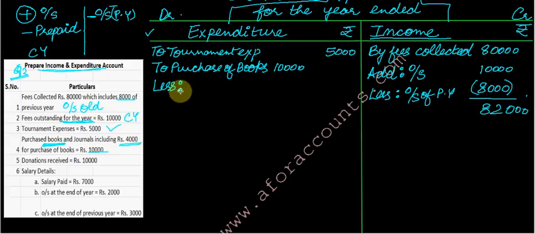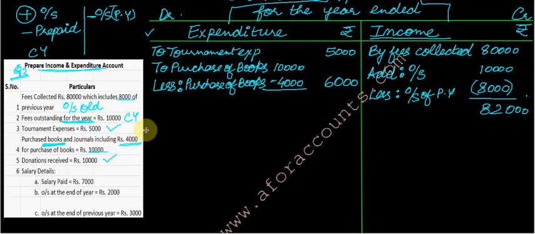It will decrease your surplus. So less expenditure on purchase of books. Purchase of books being my capital expenditure, I cannot mark them here. Subtract 4,000. So 6,000. Balance only you will bring it out.